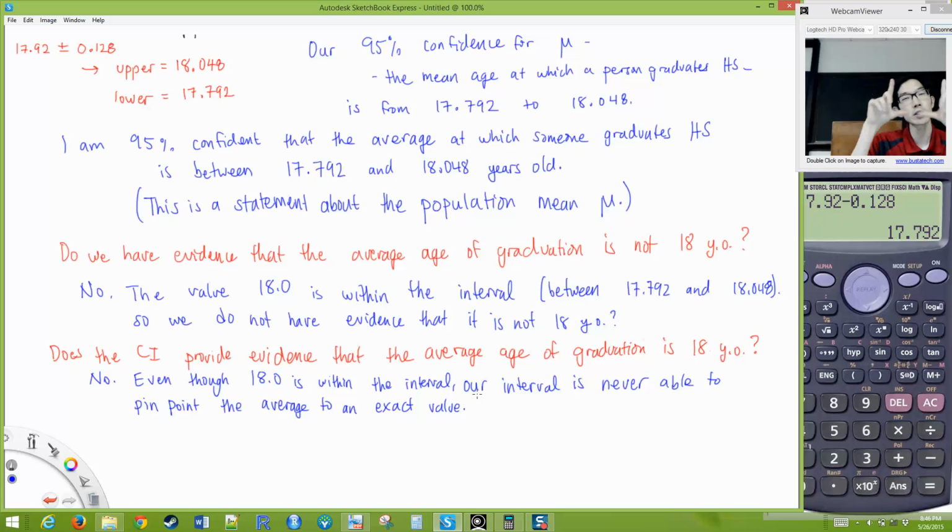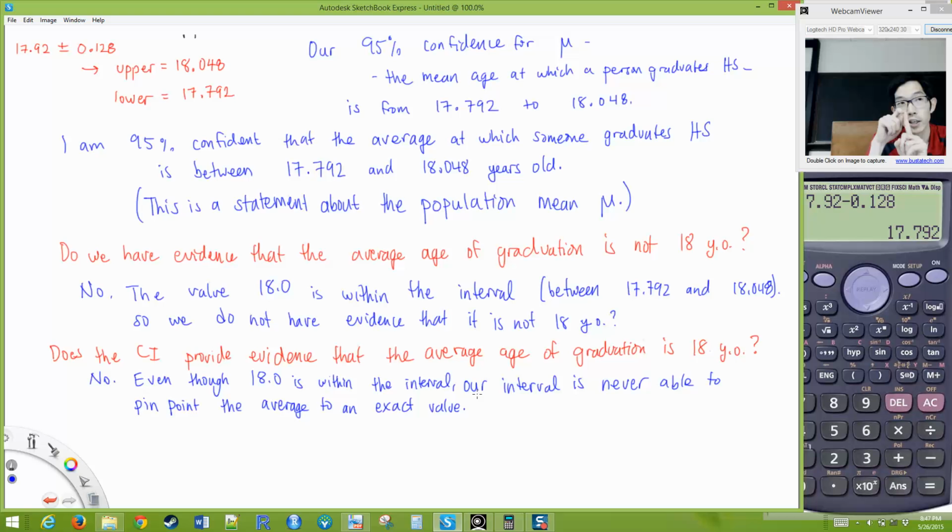All we can say is we're confident that the value is between here and here. We can never say it's exactly this one particular location. So if somebody says, does your interval provide evidence that it is exactly 18 years old? Your answer is always going to be no. If they said, can your interval provide that it's exactly 18.0123 years old? The answer there is also no.